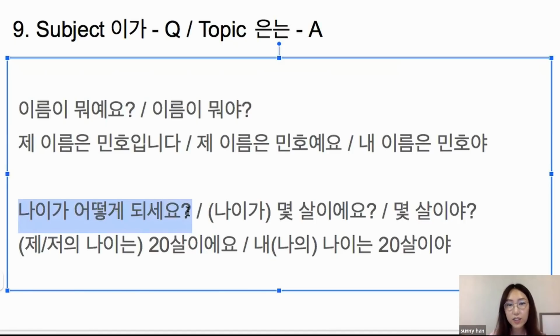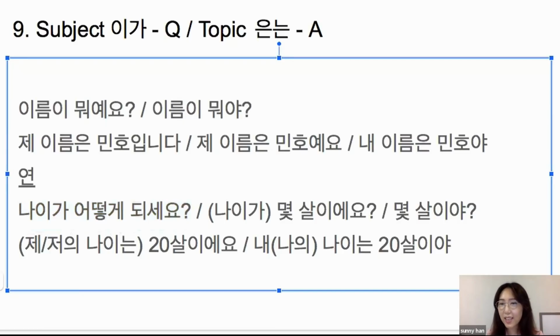But for someone who is much older than you, like 60 or 70, a grandmother or grandfather, we can use 연세가 어떻게 되세요?